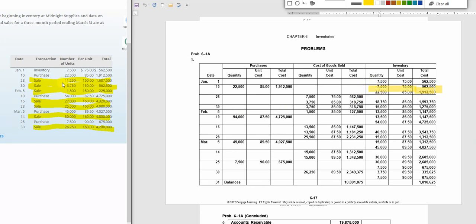All right, so now when I sell 11,250, I'm under FIFO, first in, first out. So I would encourage you to actually write in this cost of goods sold, draw a line and get 11,250, because I know I need to add up to that. So first in, first out, I have 7,500, so I sell these first and these second, but I only sell 11,250. So I sell all 7,500 at 75, and you can get the total cost now or later. And then I need to get 11,250.